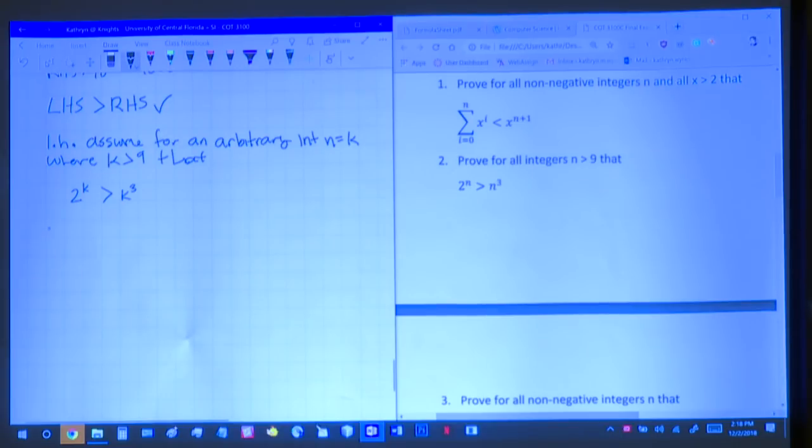So our inductive step would be: prove for n equals k plus 1 that 2 to the k plus 1 is greater than k plus 1 to the third.